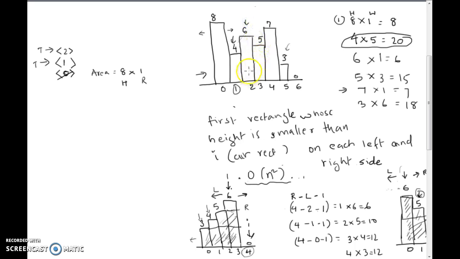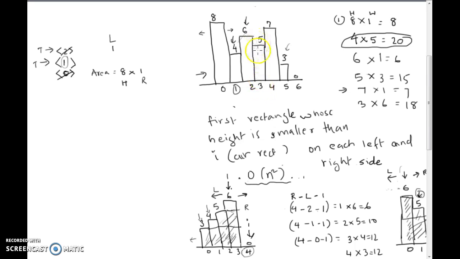And we know that since this is an increasing stack, the immediate element behind this 2, or at the bottom of 2, would be smaller. And we know that the current element is also smaller. So we know the boundaries for this particular element. So what are the boundaries? First we need to process this. So this is popped out of the stack, and then we know that the left boundary is 1, and the right boundary is 3.